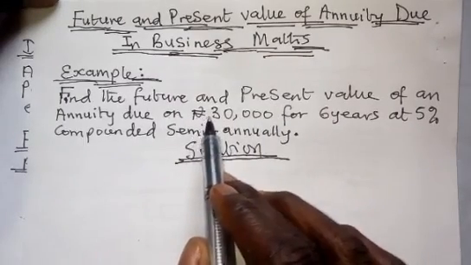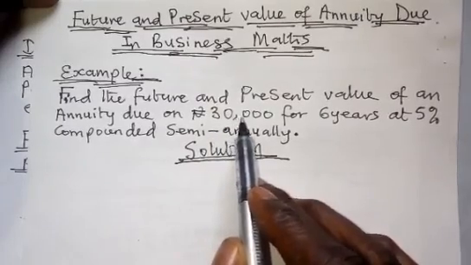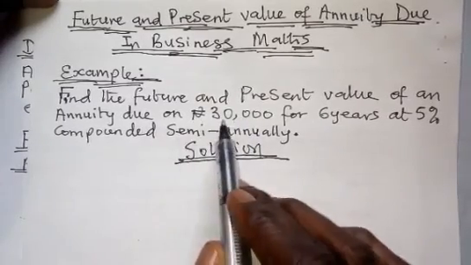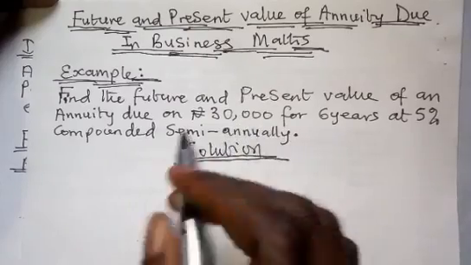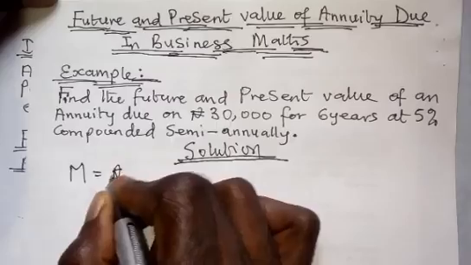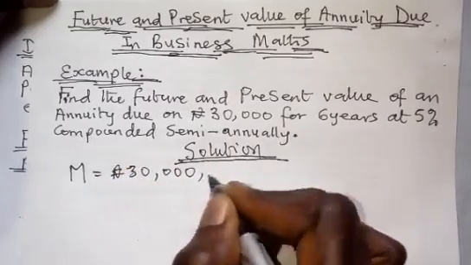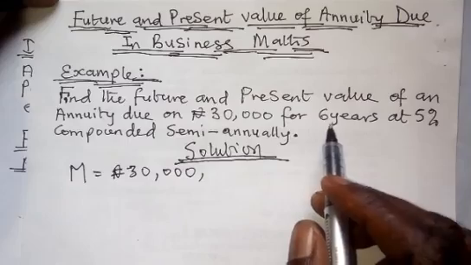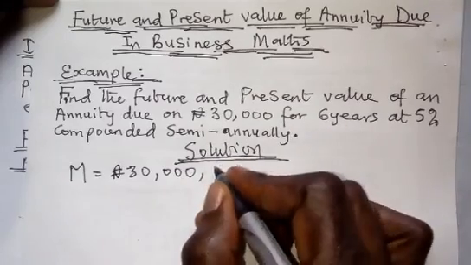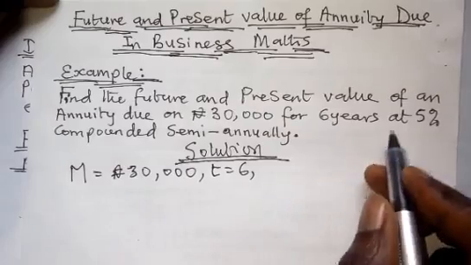We are told that the money for which we are looking for the present and future value of the annuity due is 30,000 naira. That means M will be 30,000 naira. The time is 6 years, so T becomes 6.